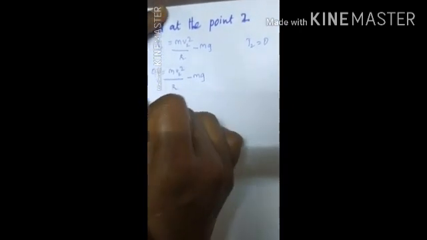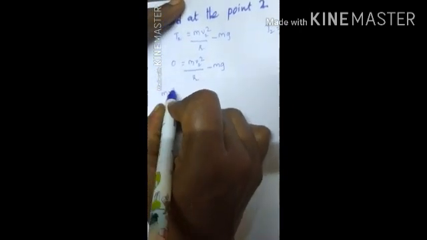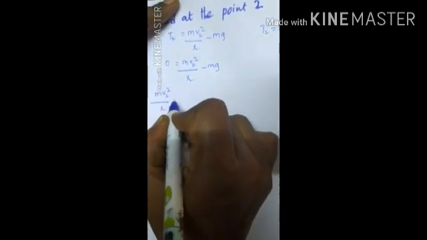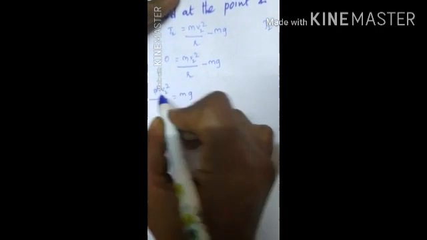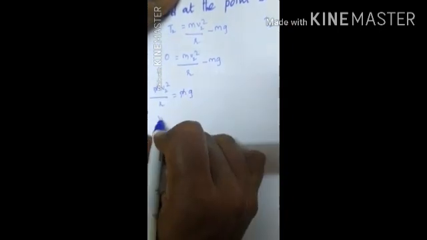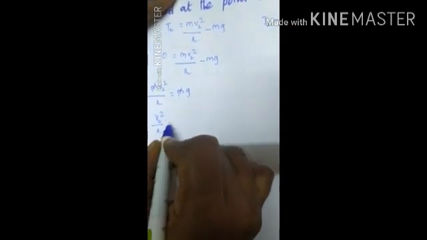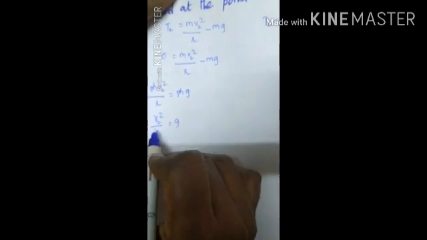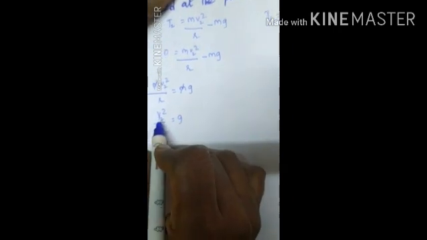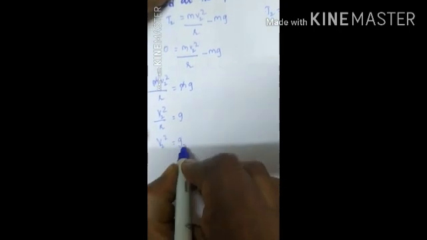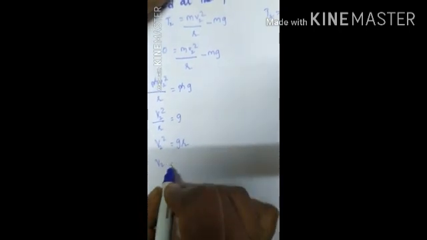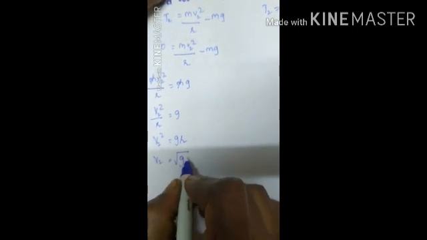Now rearrange the terms. m v2 squared by r equal to m into g. Now we can cancel m and m. So v2 squared by r equal to g. Now we need the value of velocity v2. So v2 squared is equal to g into r. So v2 is equal to square root of gr.